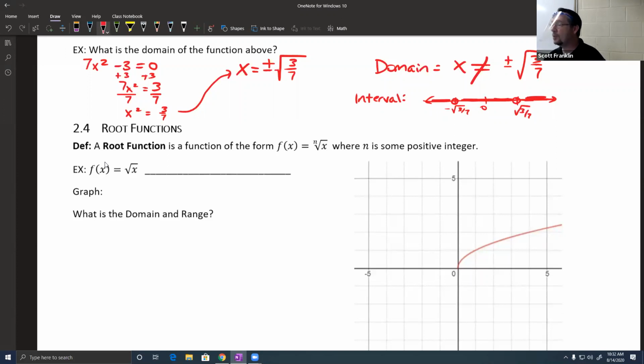So if I wanted to write it as an interval, I would write it like this. I would take negative infinity up to negative square root of 3/7. That's the first interval. I would take a union, and I would go from negative square root of 3/7 to positive square root of 3/7.